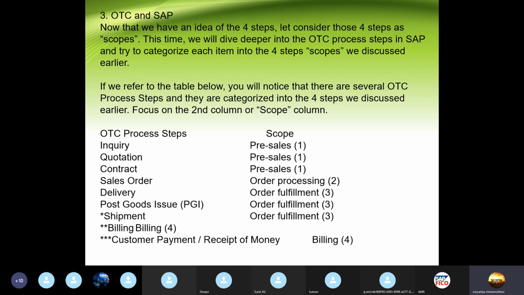And then comes the post goods issue or PGI in short form. This will also be coming under the order fulfillment. And the last one, shipment and billing. These two come under order fulfillment. Usually in billing process, customer will be paying and the business will be receiving the money.